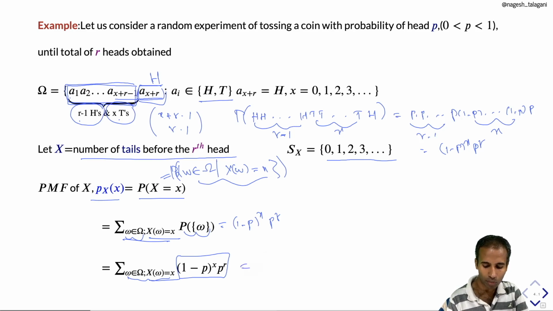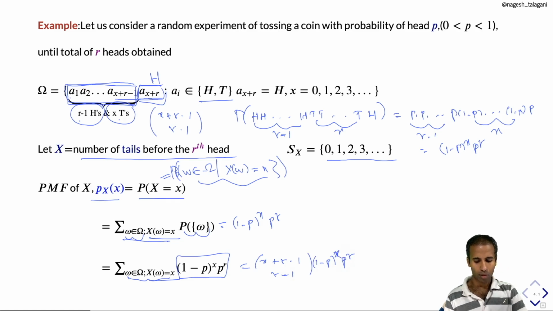So this is going to be (X plus R minus 1) choose (R minus 1) times (1 minus P) to the power of X times P to the power of R. Okay. So this is the PMF of X. Fine.